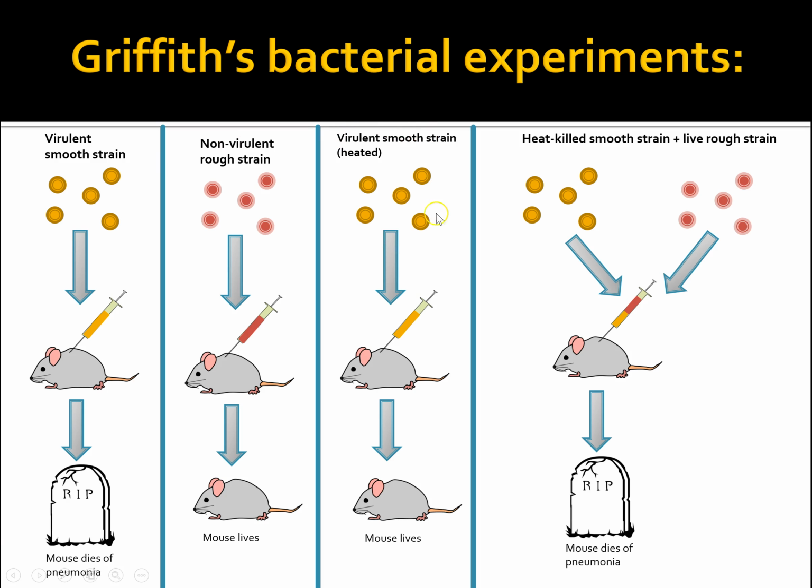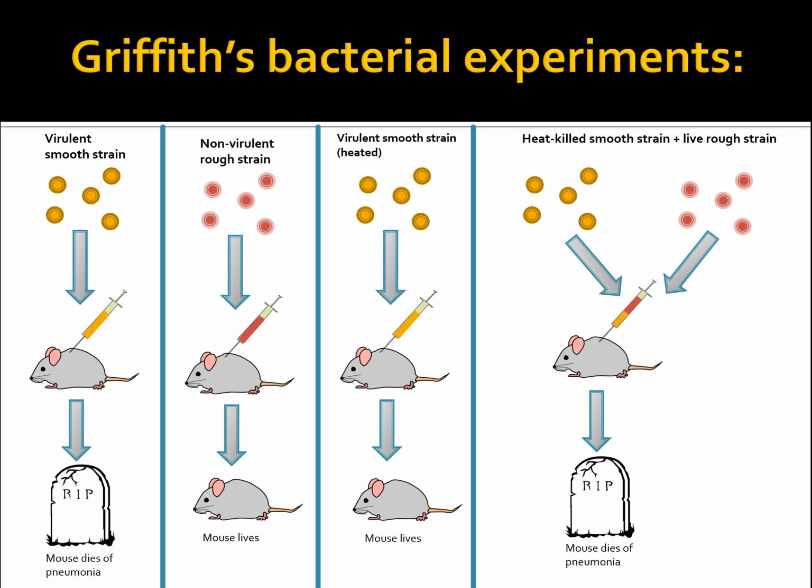So he's taking this heat-killed disease-causing bacteria, and he's mixing it with the live rough strain. This one did not cause disease on its own, and this one did not cause disease on its own. Both of those mice lived. But when he combined them together and injected into a mouse, the mouse died, which was a very unexpected result.